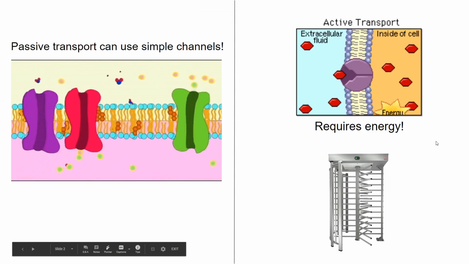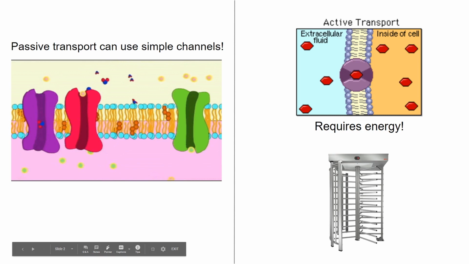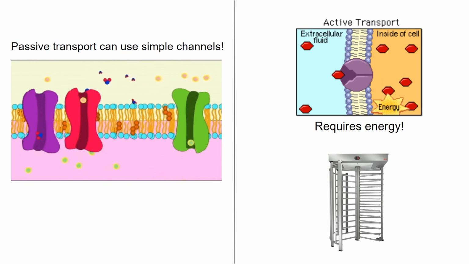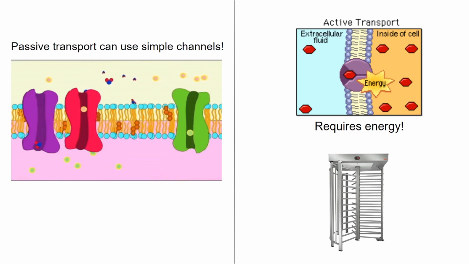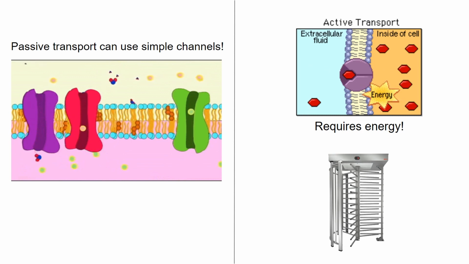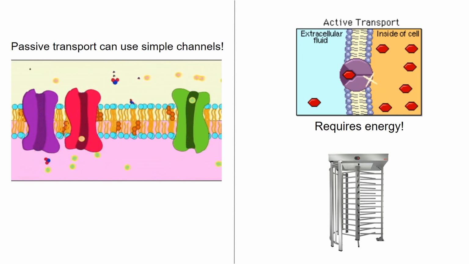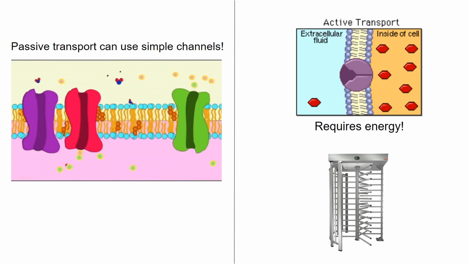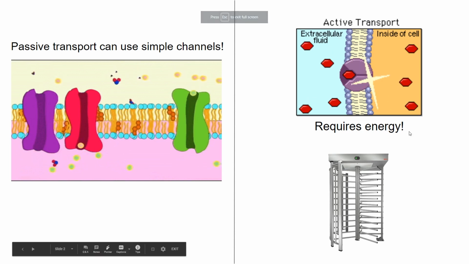These proteins can act either as channels, like a hallway, or as carriers that actually change shape to move molecules. This is kind of like one of those metal turnstiles you have encountered at a stadium or a subway. Once the molecule they transport binds to the active site, they can change shape and release the molecule on the other side of the membrane.